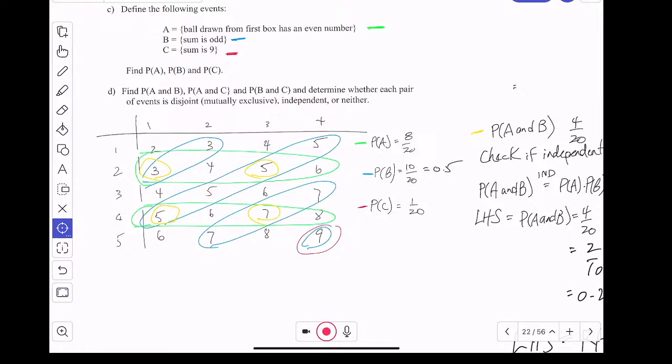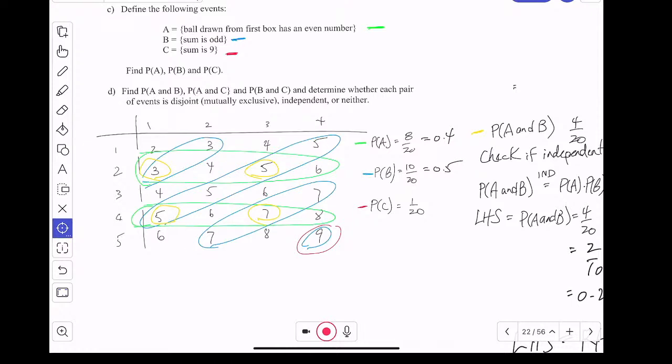Now let's do it the other way around. What if I'm in B? So being in B is the blue. So the chance of A is 8 out of 20, or 0.4, right? Overall. And inside of the blue, what's the chance of A?